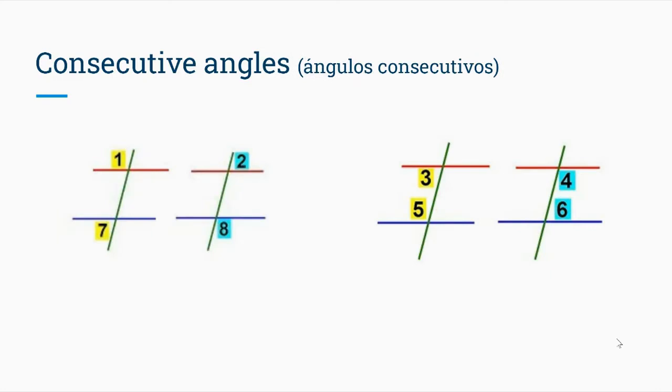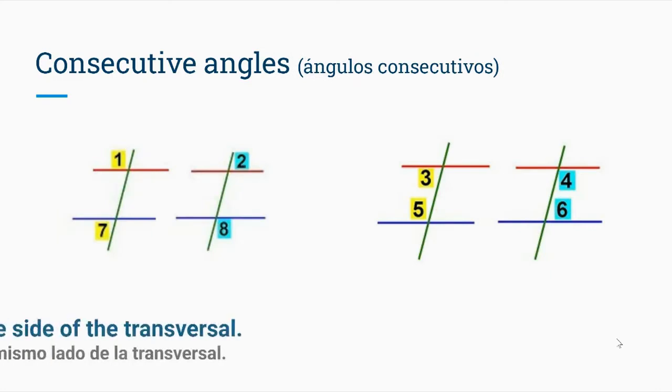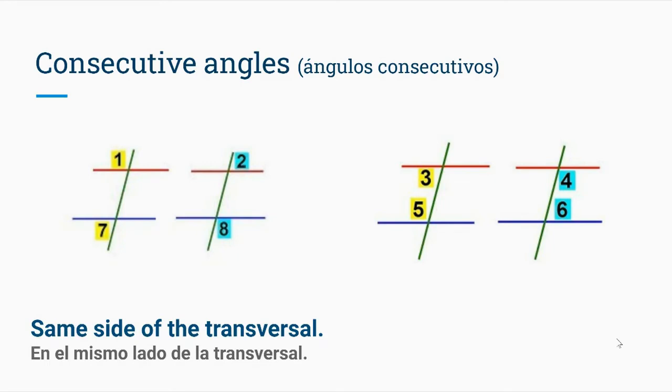Consecutive angles are also called same side angles. Actually, some teachers don't even use the term consecutive. I will always use both and accept both because they're equally used. There's not one that is more used than the other, so both are okay for me. And in this relationship, it simply means that they will be on the same side of the transversal.